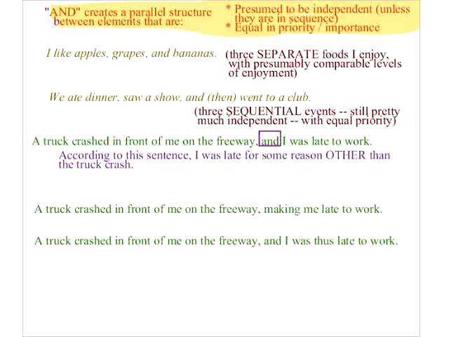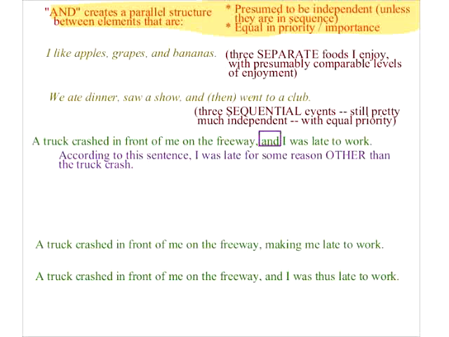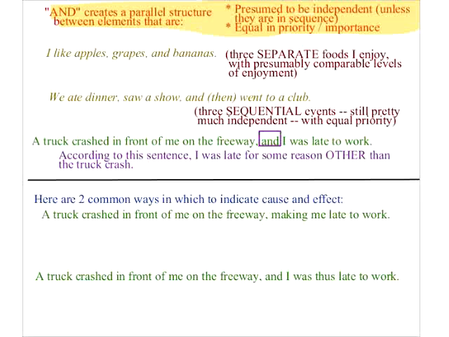If you want to actually imply that there is cause and effect, there's a couple of ways that you can do this. These are not the only 2, but these are 2 of the more common ways that you will see. So here are 2 common ways in which to indicate cause and effect. The first is to use a modifier.